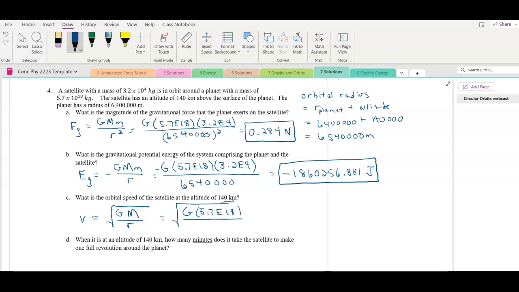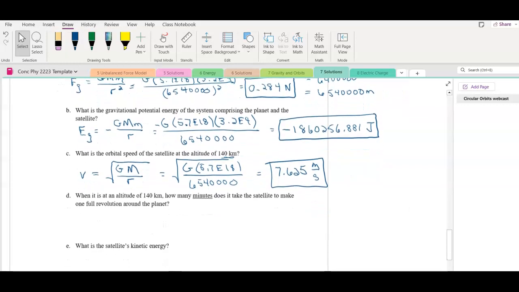The r is the same orbital radius that we calculated. And remember to take the square root. So I get 7.625 meters per second.